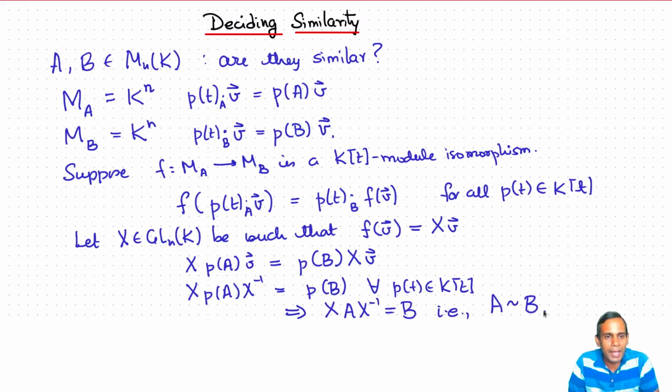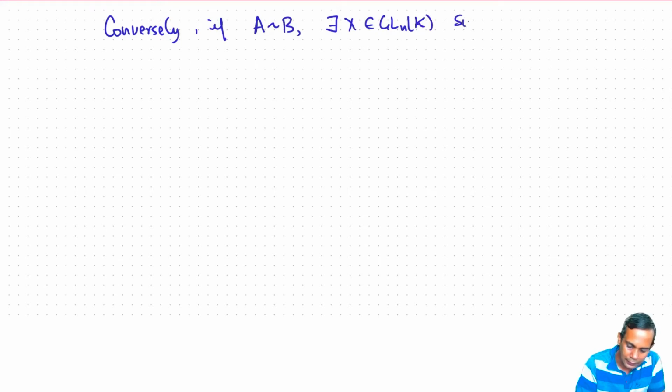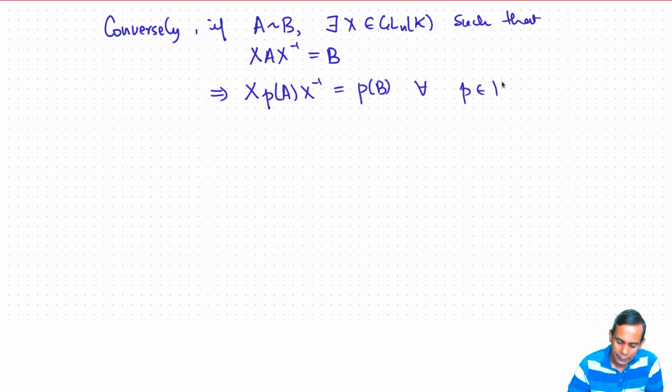So what we've seen is that if M_A is isomorphic to M_B as a K[T] module, then A is similar to B. Conversely, suppose A is similar to B, then there exists X in GL_n(K) such that X A X inverse is equal to B, but this also means that X P(A) X inverse is equal to P(B) for every P in K[T].